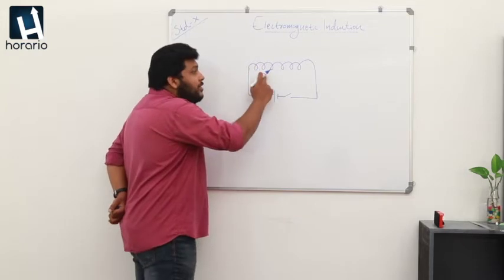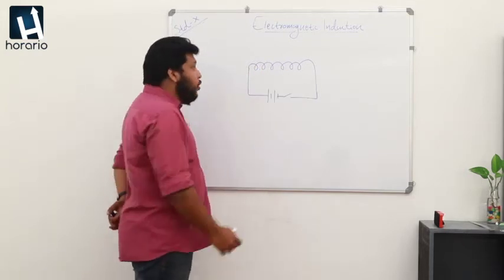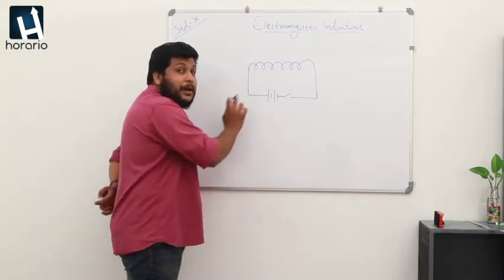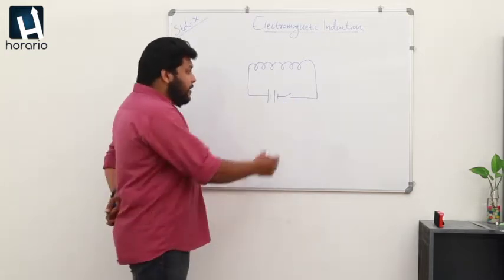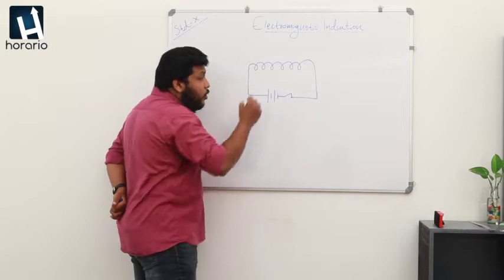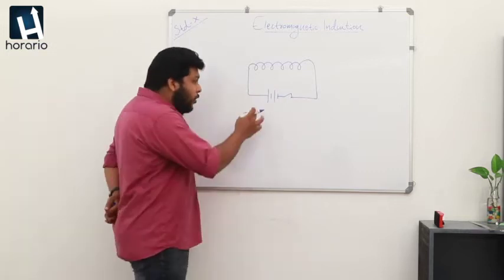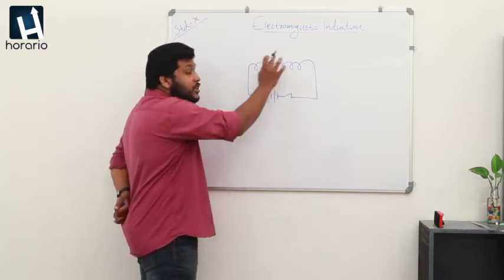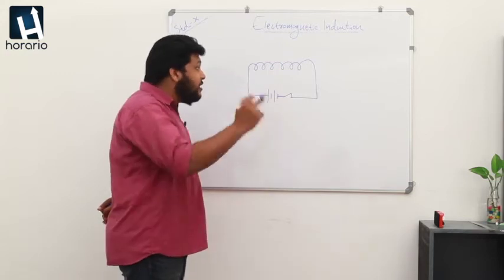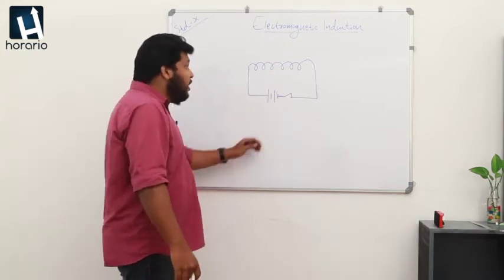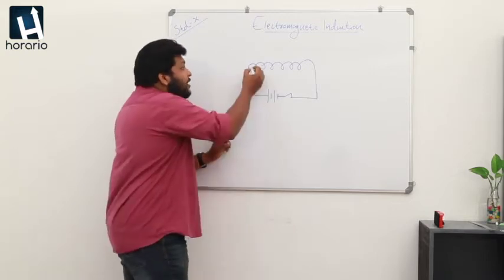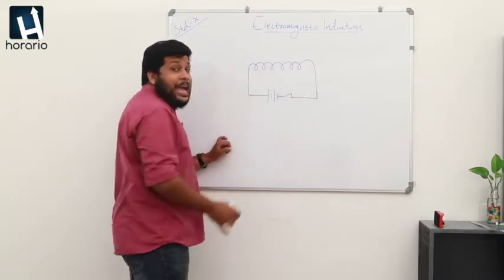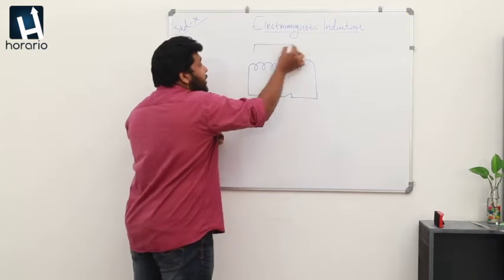The coil-type structure is known as a solenoid, this is known as a battery or cell, and this is known as a switch. When the switch is in the on position, the current will flow through this circuit. From the second chapter, we know that when the current flows through this circuit, this solenoid will act like a bar magnet.